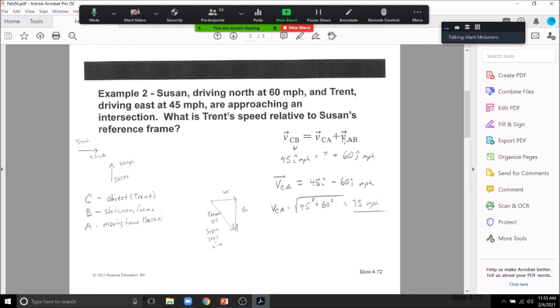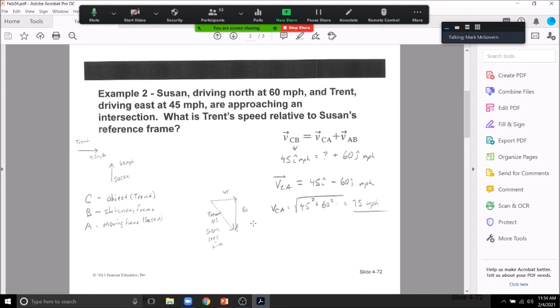But we do know that the velocity of Susan relative to the ground frame, that's BA, is 60 j hat. We're solving for VCA. So we're going to move the 60 j hat to the other side, which gets a negative on it, and then another Pythagorean triple, 45, 60, 75. It appears to go 75.